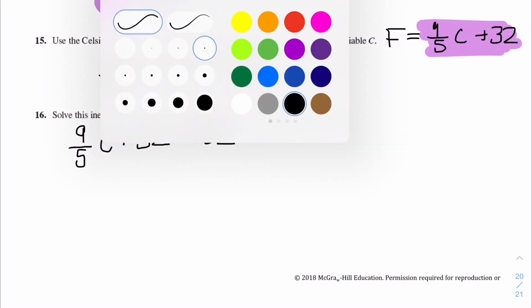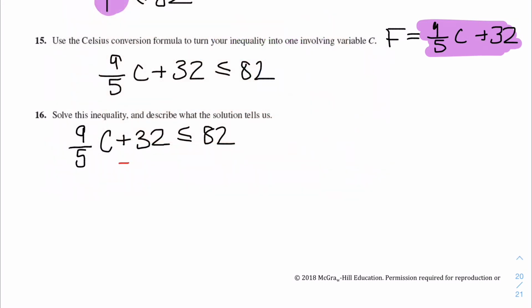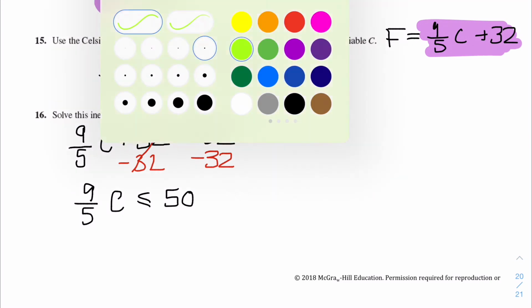We want to subtract 32 to get rid of it, which means we have to do it to the same side, and it won't change the inequality. So we're left with 9/5 C, and then 82 minus 32 would be 50. You want to get rid of the 9/5, so you could divide by it.